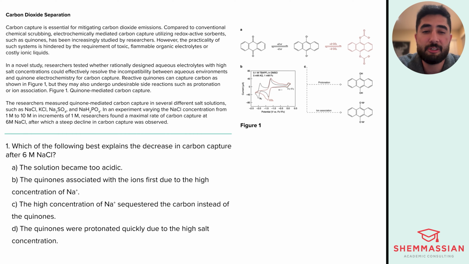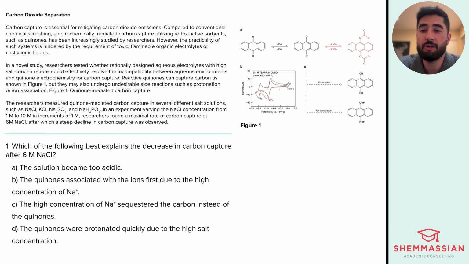And D says the quinones were protonated quickly due to the high salt concentration. So what we'll see here is that answer option A has to do with acidity. Answer options B and C have to do with concentrations of sodium. And answer option D has to do with protonation happening quickly because of a salt concentration, which makes it so that there are about 3 answer options that have to do with a high salt concentration.